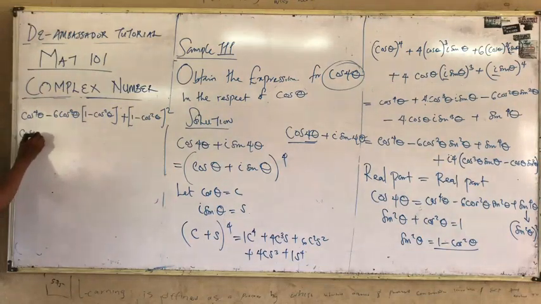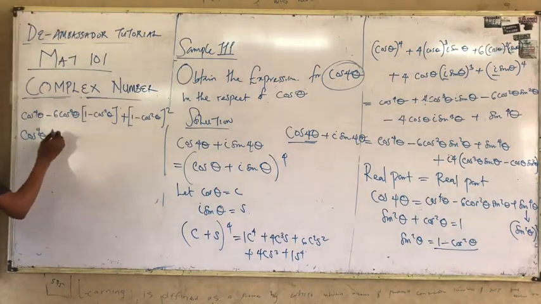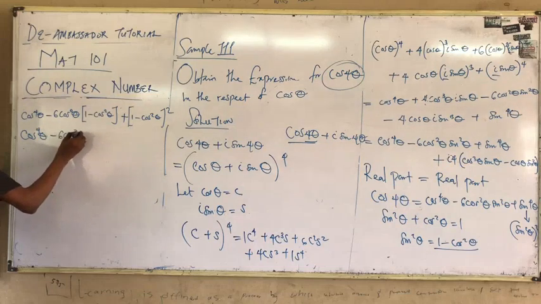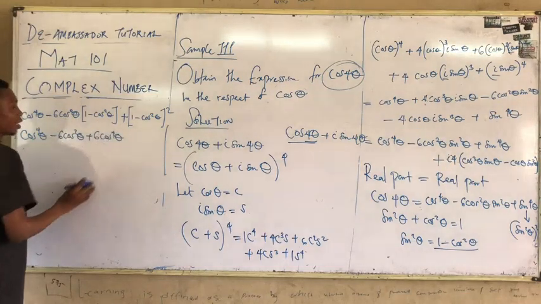So cos 4 theta, minus 6 cos square theta times this. Minus times minus is plus, so we have 6 cos 4 theta.